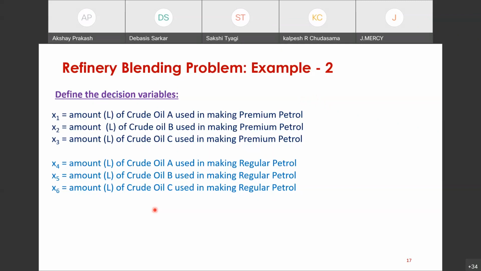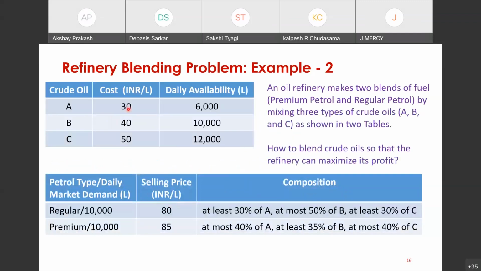Okay. Let's go ahead and see this. X1 plus X4 is the A being required.